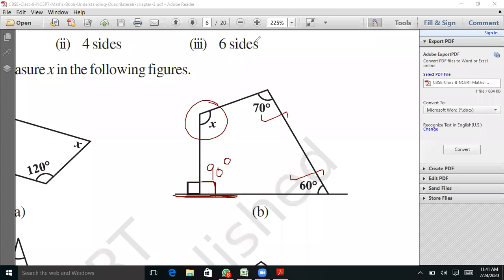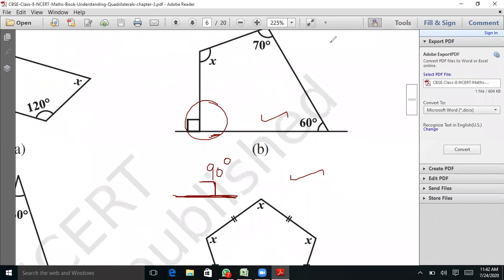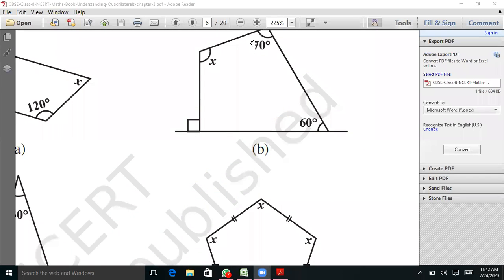Now we are to find angle x. So again here we will use the angle sum property, as earlier. This angle will also be 90 because it's a straight line.